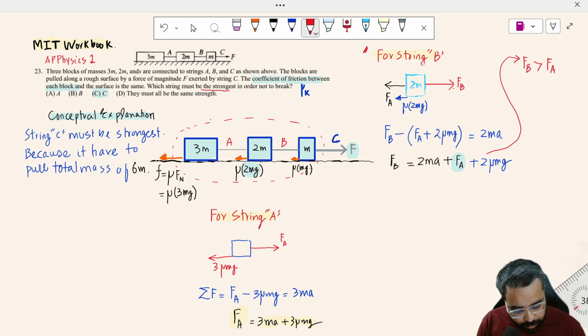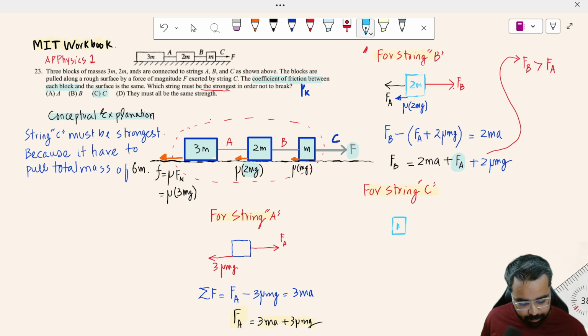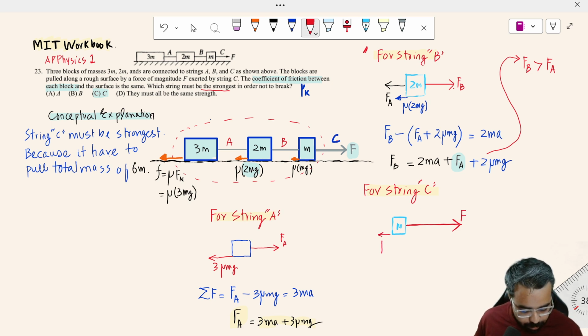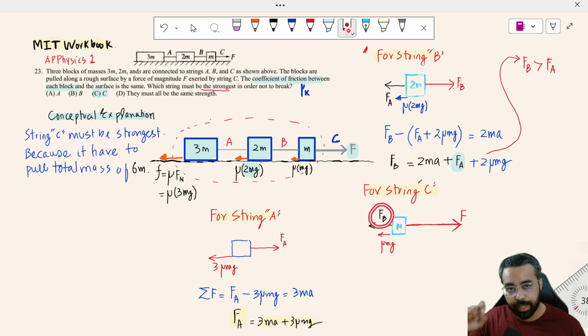Now, just the last thing: string C. This is mass m, on which we see the largest force. This rope must have the largest force because it is accelerating the whole system. This is a frictional force mu mg, and this is the force of tension in this direction, Fb. Once again, I would say the same thing: this force is a reaction pair of the force in this string, Newton's third law.